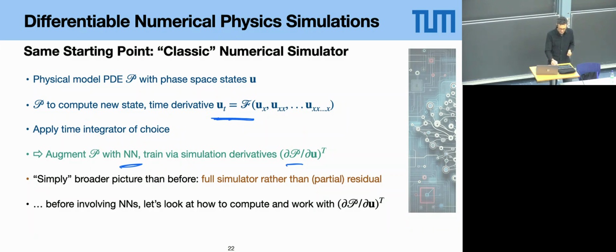You could traditionally imagine there's a dash or so somewhere, or if this would be time, you could write it with a dot, but the main idea here is that these states are partial. There are potentially other parameters in P that we do not include, but we restrict ourselves, right? We have a multivariate function. We restrict ourselves to a subset of the variables that are necessary for time evolution or for the steps we are interested in.